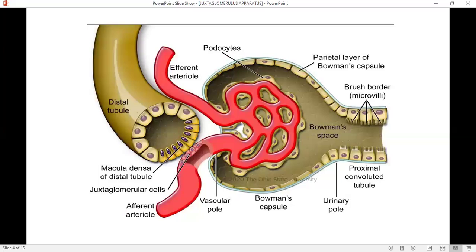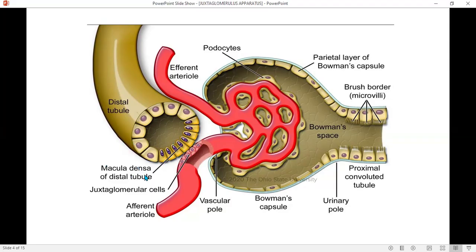Okay, these three major components, as you can see in this diagram: this is the distal convoluted tube, this is the Bowman's capsule, then there is the afferent arteriole coming here. Within the distal convoluted tube, there are what we call macula densa cells. These are cuboid epithelial cells here.